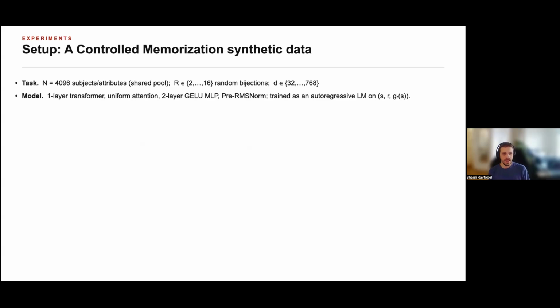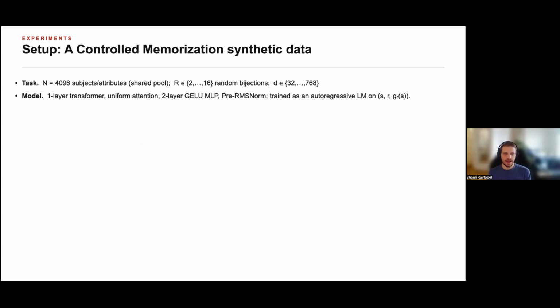Okay. So far we had a theory on a simplified sequence structure and a very simple transformer with a single layer, and now we are going to see whether gradient descent is actually converging to something similar. So we specify some number of entities, and we try different numbers of relations and different dimensionality.